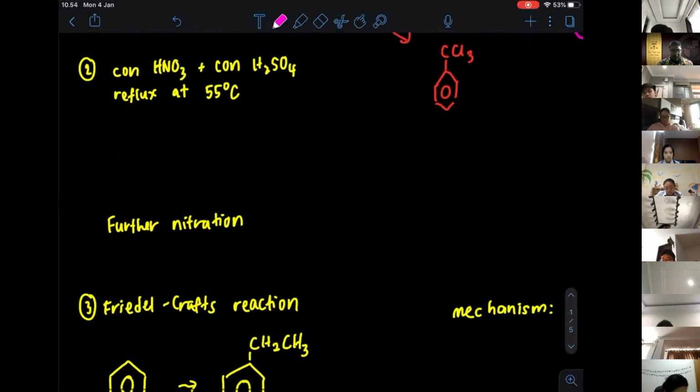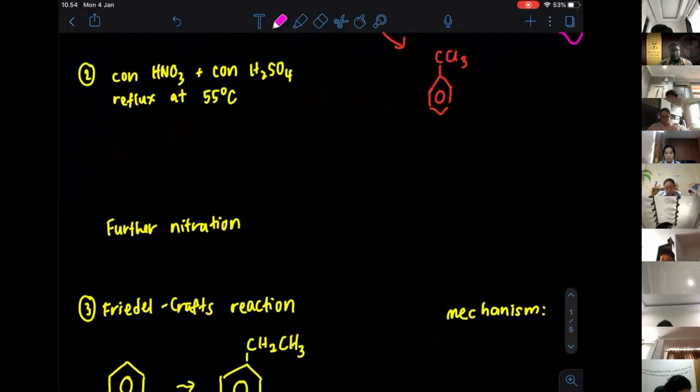The second part that I would like to talk about is the nitration reaction. Nitration is done with 50% HNO3 and 50% H2SO4, called the nitrating mixture. It is refluxed at 55 degrees Celsius. That's the condition. Do we need any halogen carriers here? No, you do not need any halogen carriers.